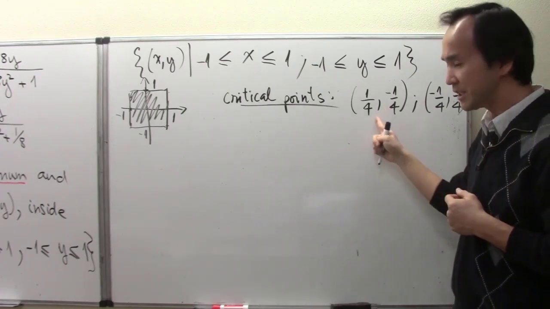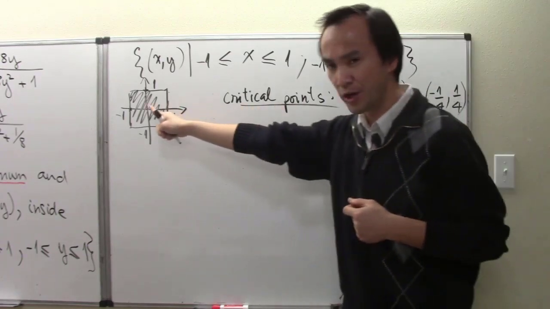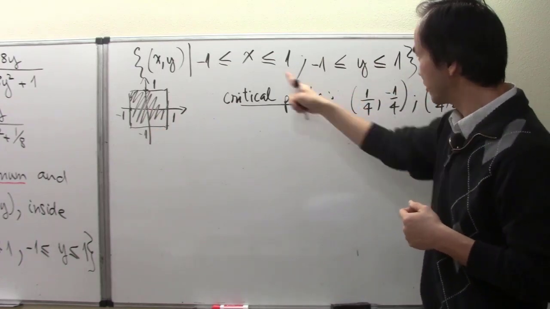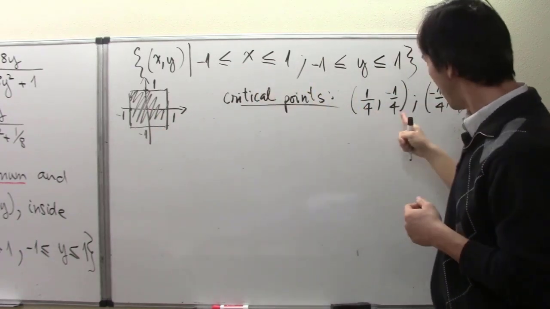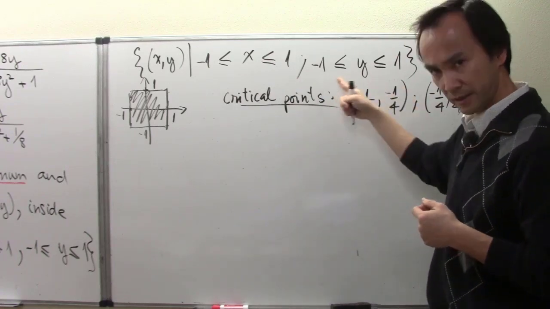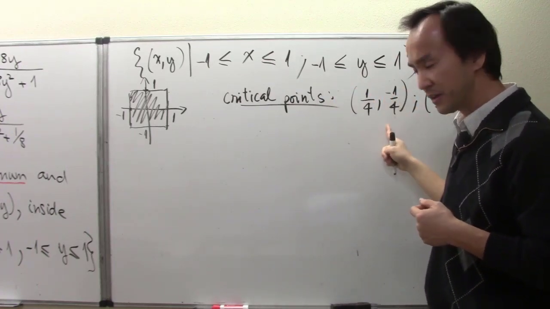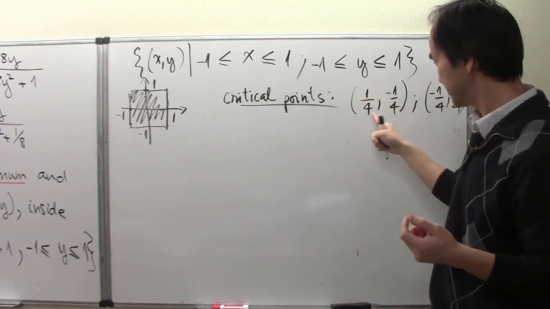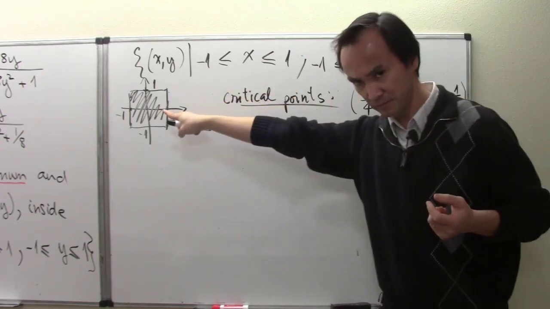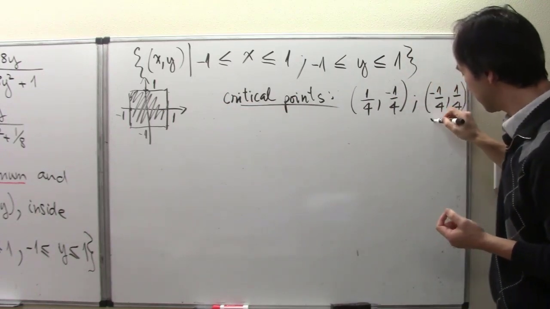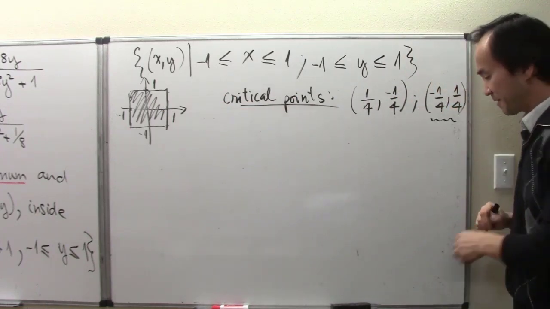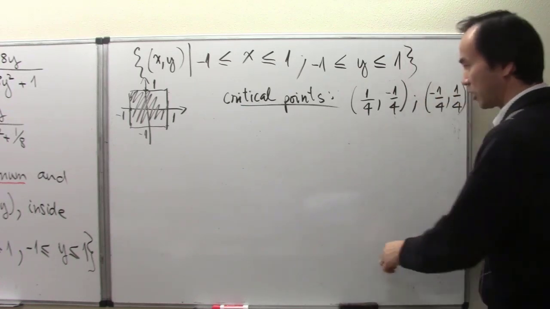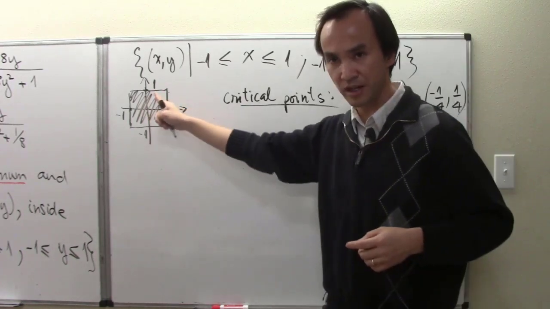Now these critical points are all located inside of that region. See, the x value is between negative 1 and 1, and the y value is also between negative 1 and 1. Anyone viewing this video lesson should be mature enough in math to understand that the critical points fall inside, and the same with the other critical points. All critical points that we have found are located inside of this closed and bounded region.